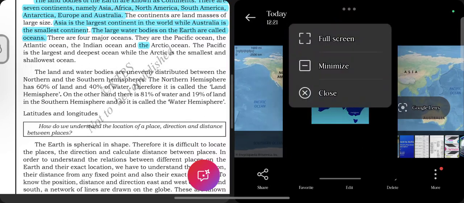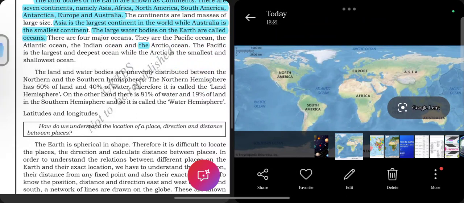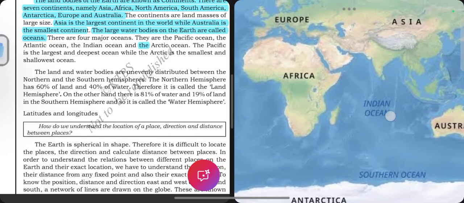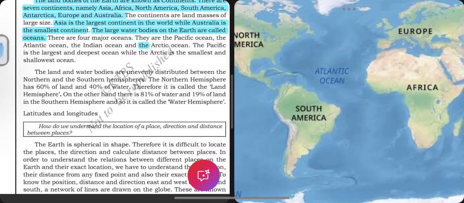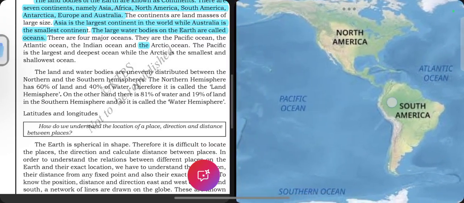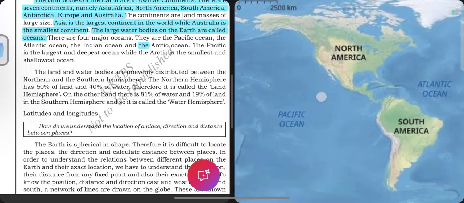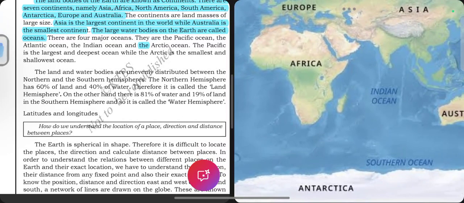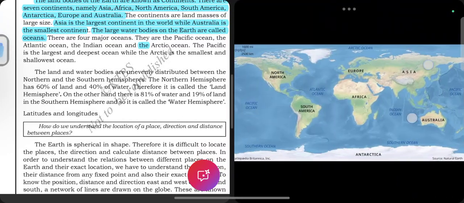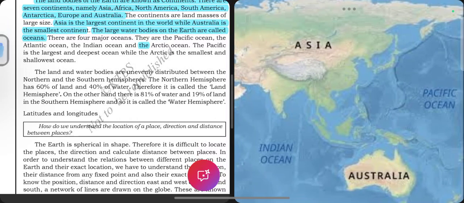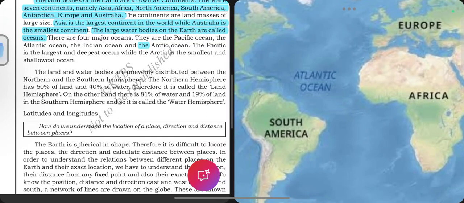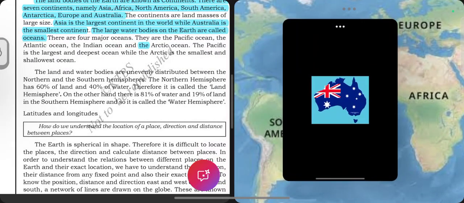While seeing this, you can understand the different types. See, this part is the Indian Ocean, and this is the Atlantic Ocean, and this is the Pacific Ocean. You can see here this is the Southern Ocean. In the last you can see this is the Pacific, the biggest. So there are four important oceans you can see here.